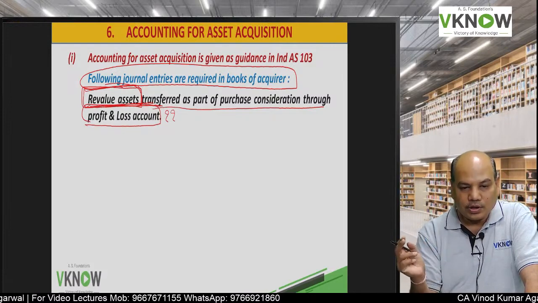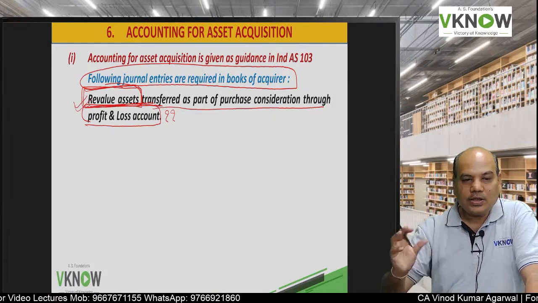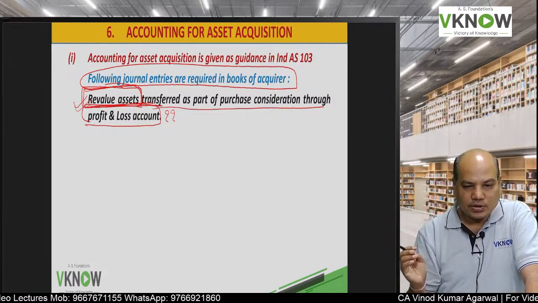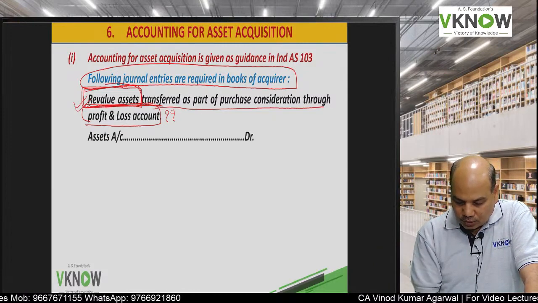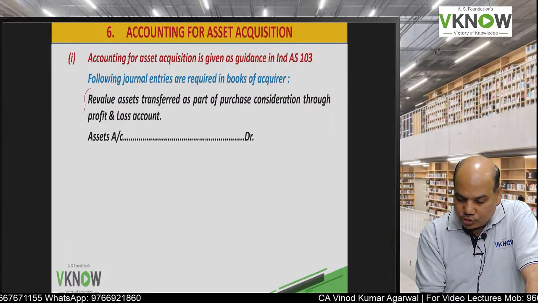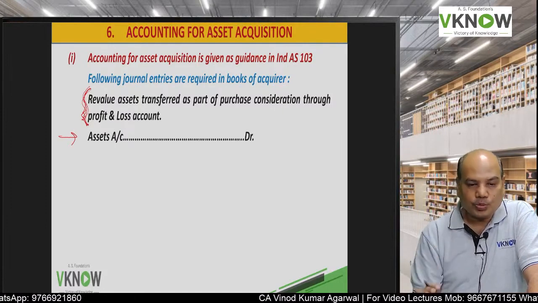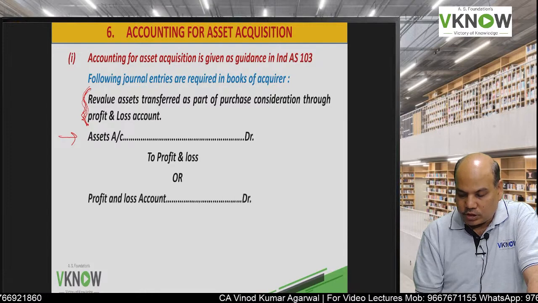Why not revaluation reserve? The answer is, you are selling that asset in a business combination. So those assets which you are going to sell to acquire a business, indirectly you have realized that profit, and therefore the entry will be asset account debit to profit and loss account.